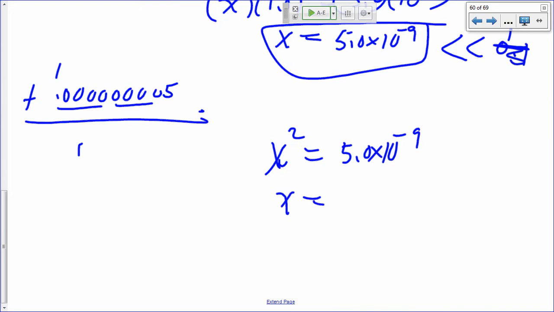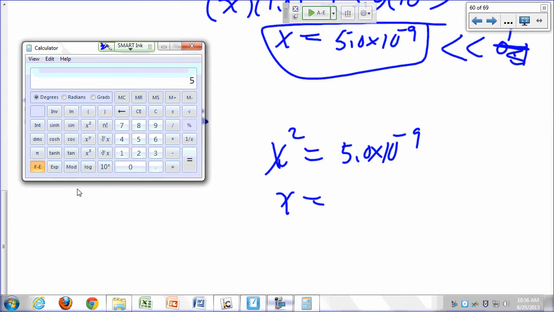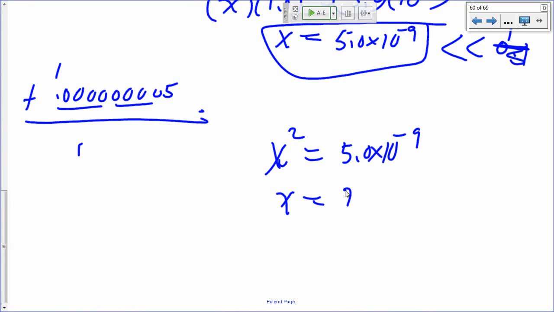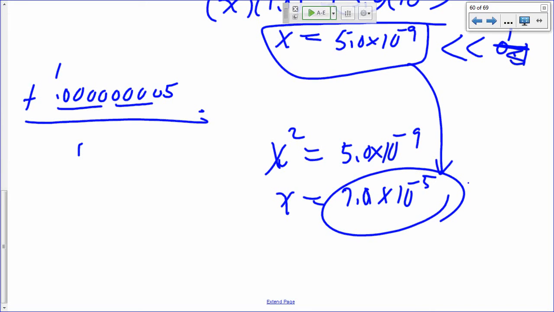And then you would have said x would be the square root of that, 5 times 10 to the negative 9 square root, which is about 7 times 10 to the negative 5. This is much smaller. This is without sodium carbonate. And this one over here is with the sodium carbonate.